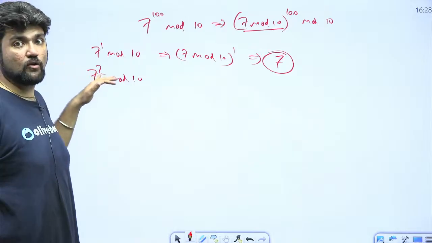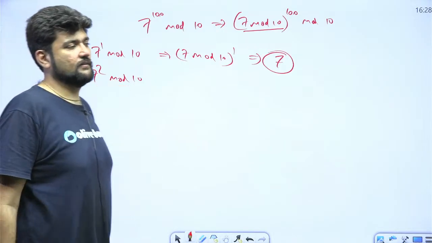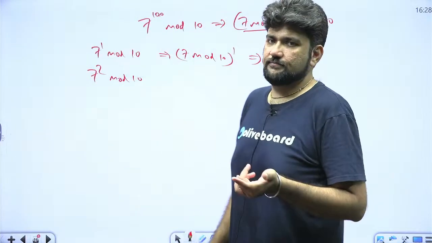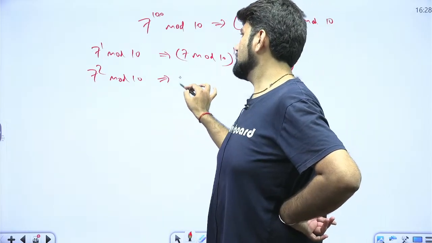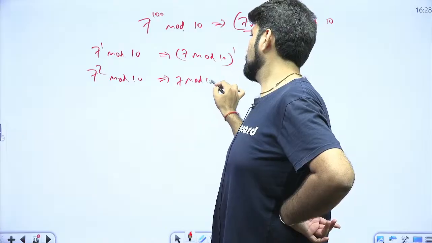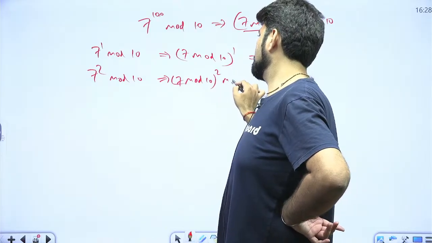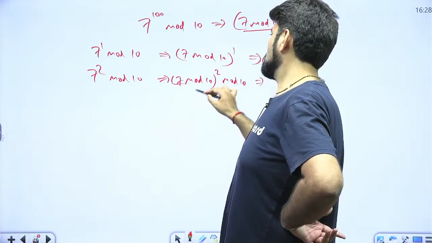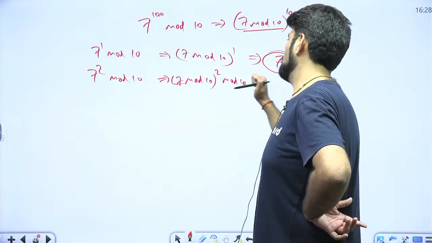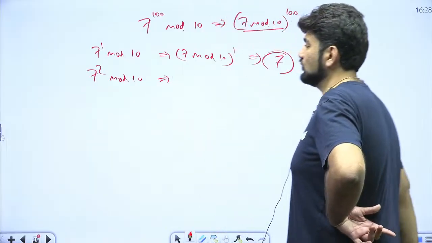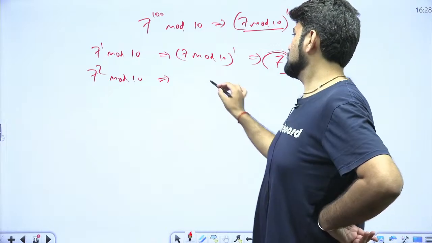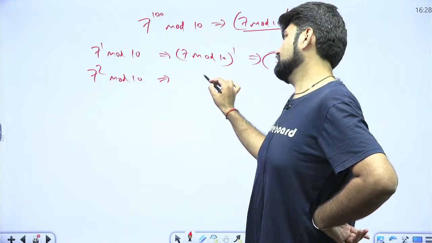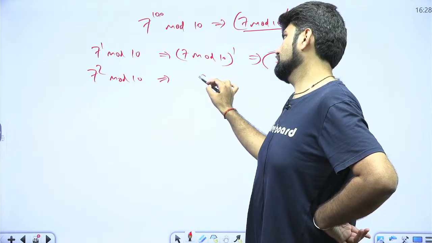Okay, are you getting it? 10 into 5 is 50 minus 1, you can do that. But how do you attend to this one? 7 mod 10 is 7, square 49, mod 10. What am I doing? One and the same thing only. So this is 49 mod 10, and 9 is my remainder here, isn't it?